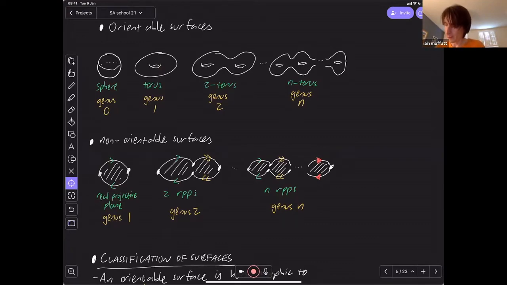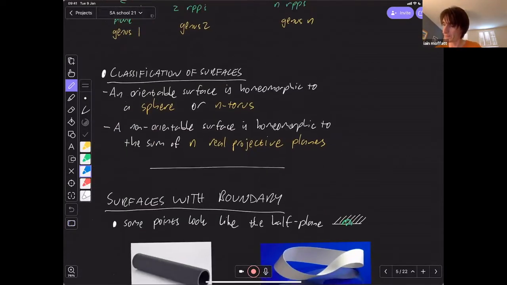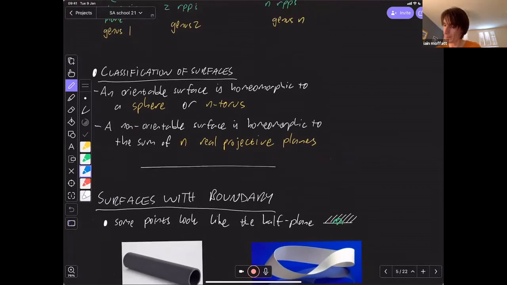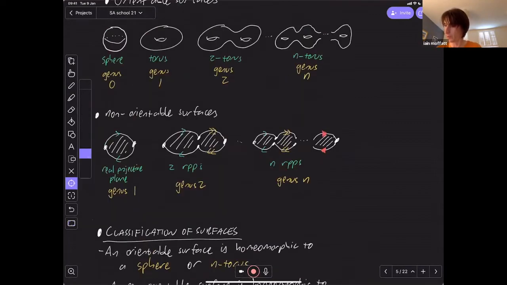Okay, so we've got some examples of surfaces here. Well, what other surfaces are there? Well, actually, there aren't any other surfaces. So through these examples, we have every single surface possible. And this result is a classification of surfaces. And this tells you that any orientable surface must be homeomorphic or equivalent to one of your sphere, torus, two torus, and so on.